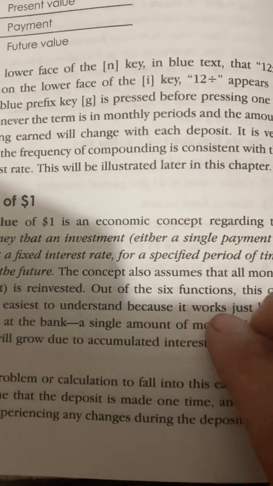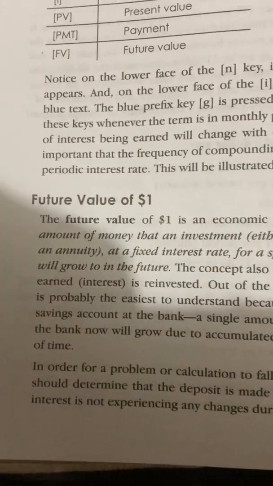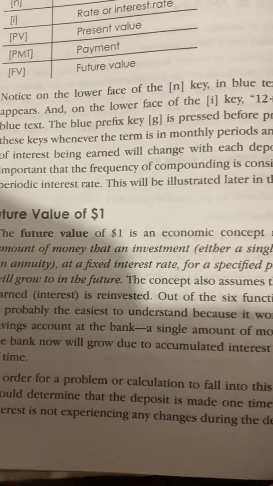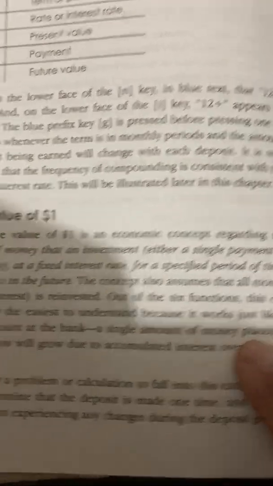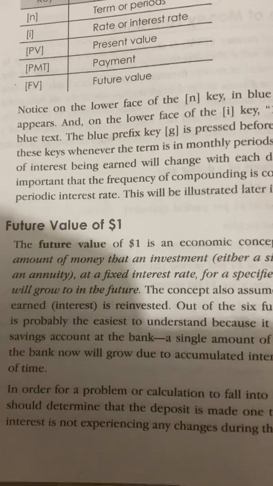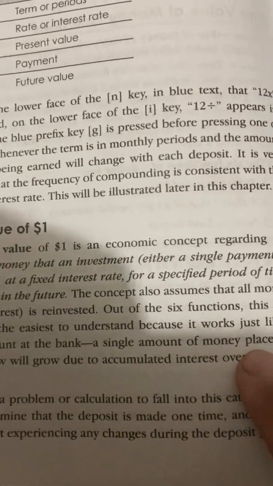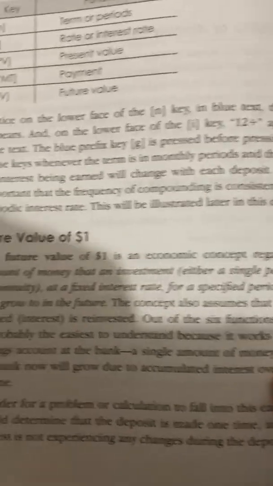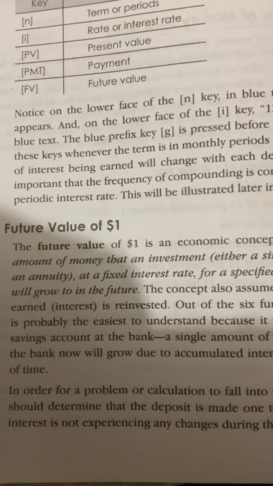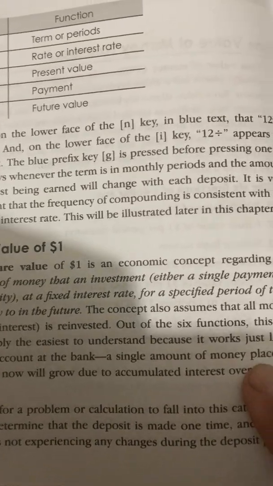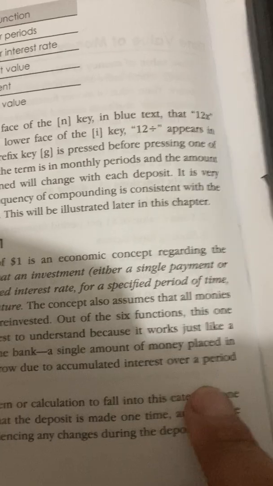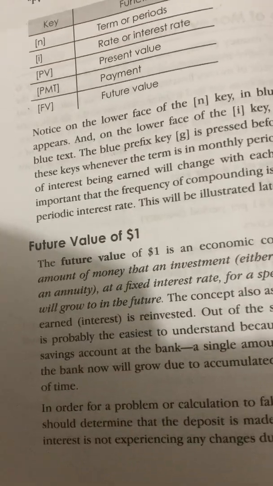Out of the 6 functions, this one is probably the easiest to understand because it works just like a savings account at the bank. A single amount of money placed in the bank now will grow due to accumulated interest over a period of time.